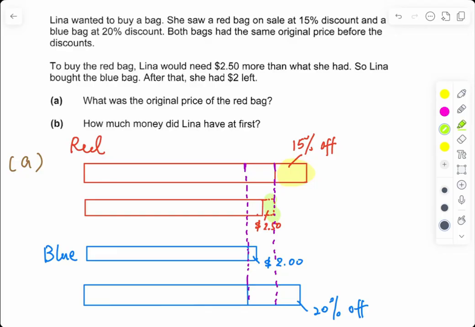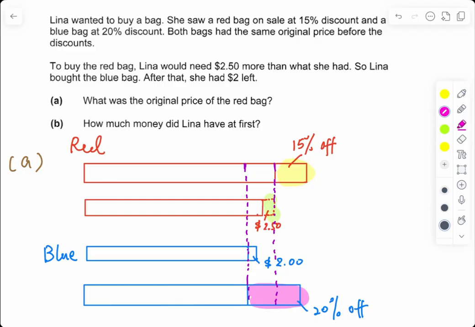Now let's look at the bottom first. The bottom blue rectangle represents the original price of the blue bag. This bag is also on discount, it's 20% off.